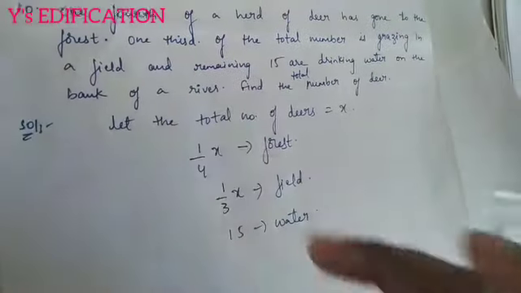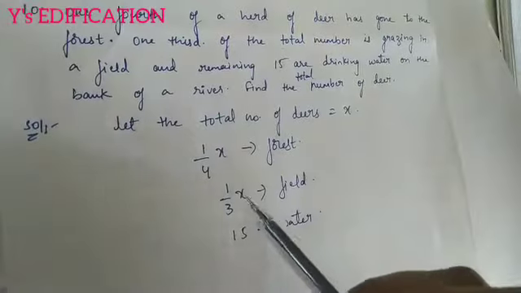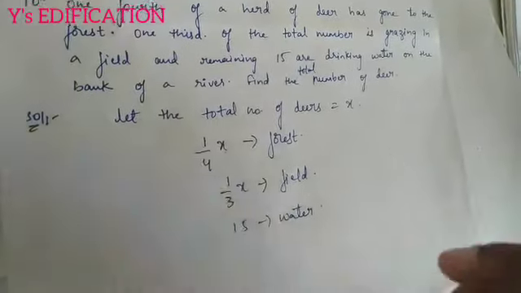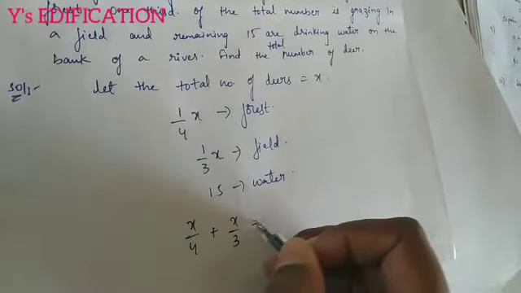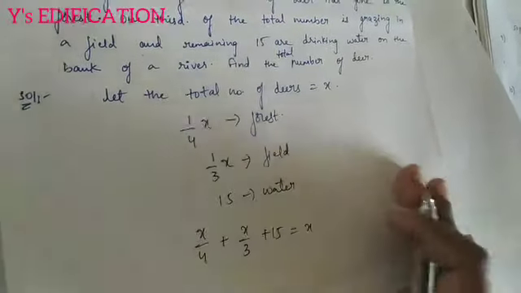So we have to find the total number of deer. That means we have to add all these three, and we will get the x value. That means x by 4 plus x by 3 plus 15 is equal to x.